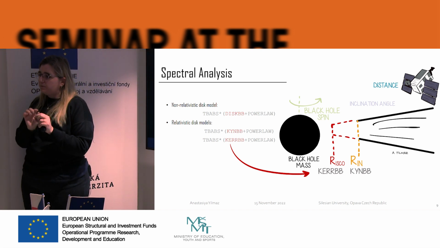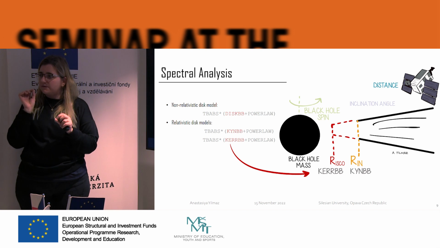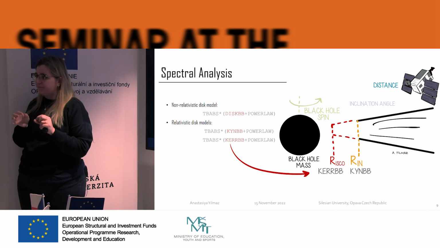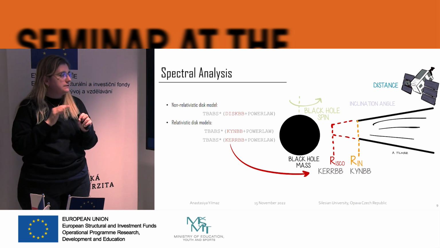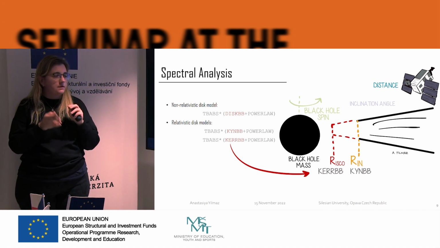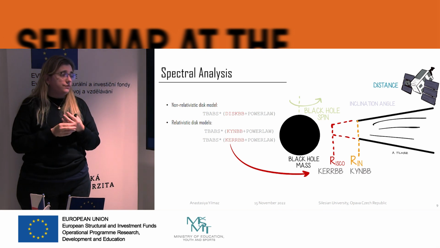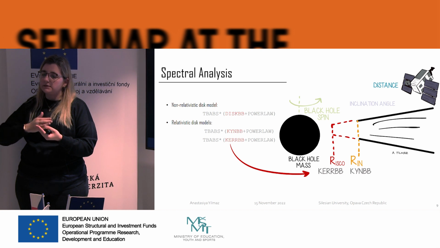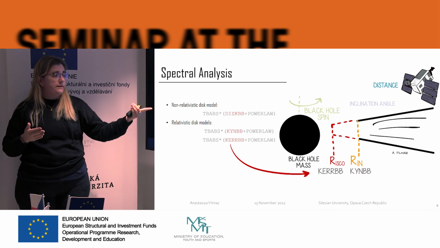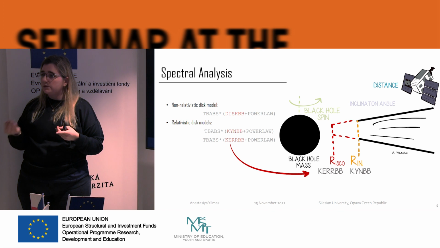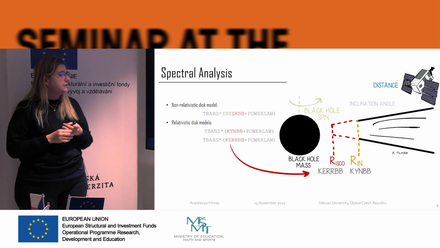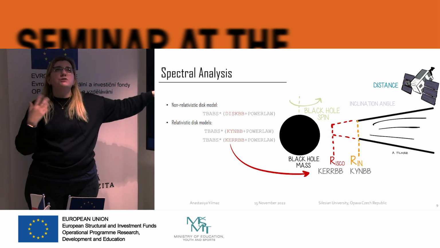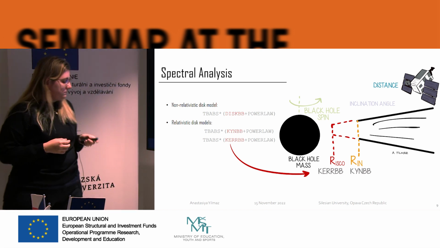The main difference between them is a very simple and very important parameter, how you define Rin. Rin is usually defined, at least for the Novikov-Thorne model, by assuming that the accretion disk extends down to R_ISCO. With KYNBB, you can have it as a free parameter, and you can investigate how Rin changes throughout the entire outburst. That's why we are comparing these two models.